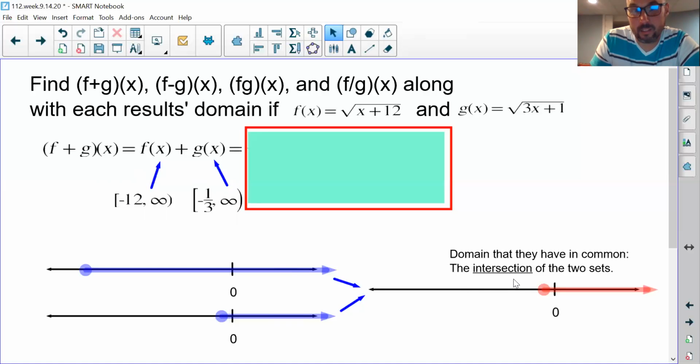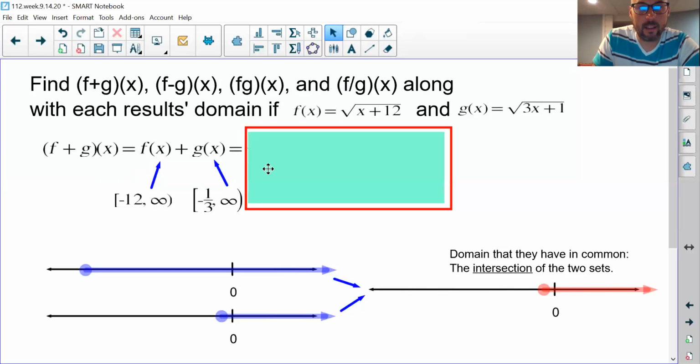And in math, we call that the intersection. And you know the union symbol of the U? The intersection symbol is a U turned upside down. But the intersection of these two domains is the domain of our result. It happens to be the same domain as G.